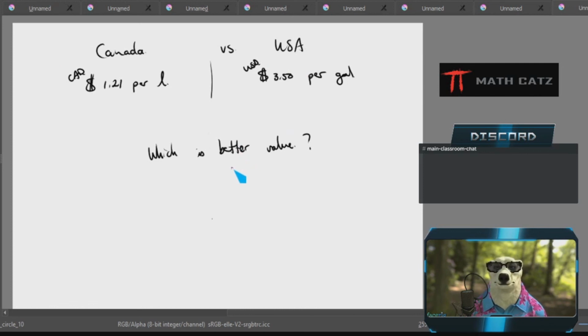And there's a whole bunch of ratio questions in there that you can systematically do. Well, okay, if this is Canadian dollars per liter, let's figure out what this is per gallon. And then let's convert that Canadian dollar amount to US dollars. So you have a sort of chain of conversions that you need to do.